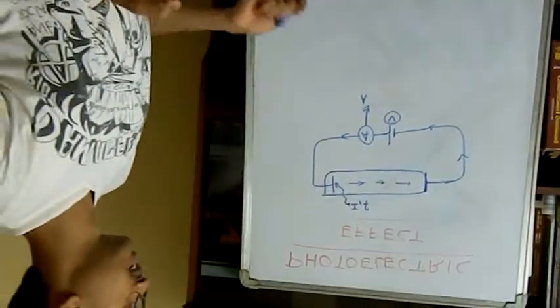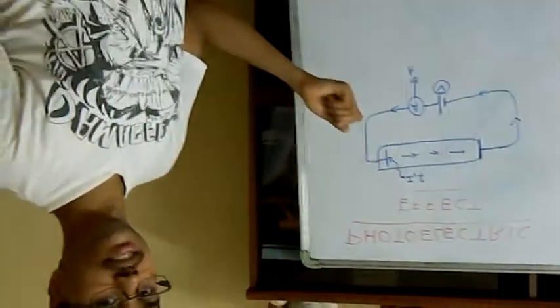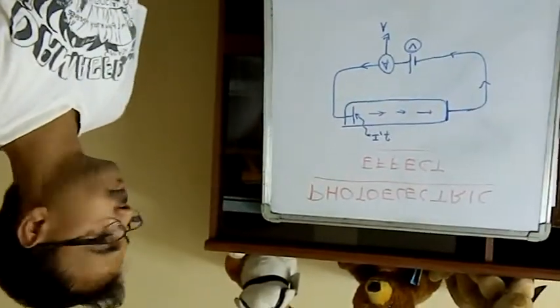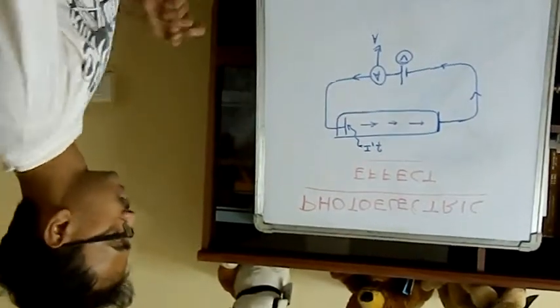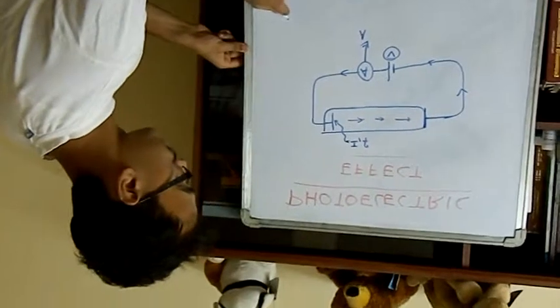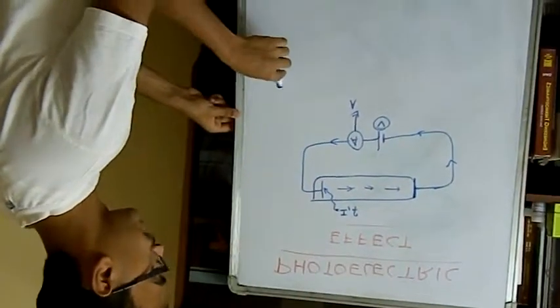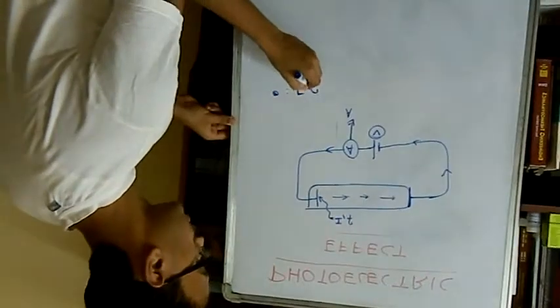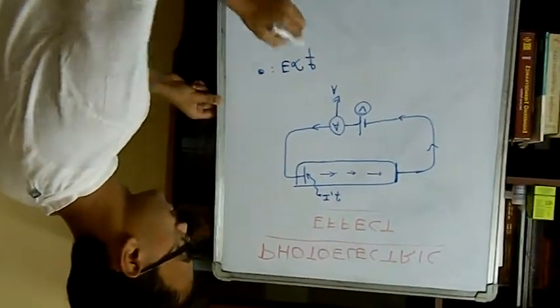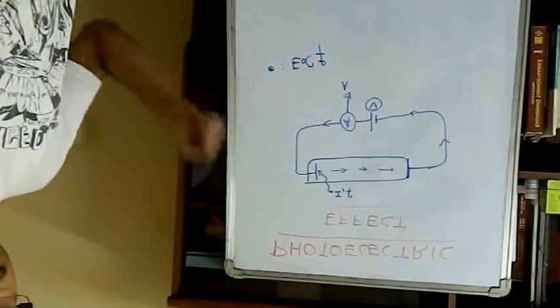So Einstein proposed a quantum theory. He said that the radiation does not consist of continuous energy, but exists in discrete packets called quanta. Each quantum has a particular energy. The energy is proportional to the frequency of the radiation, and it is independent of the intensity.